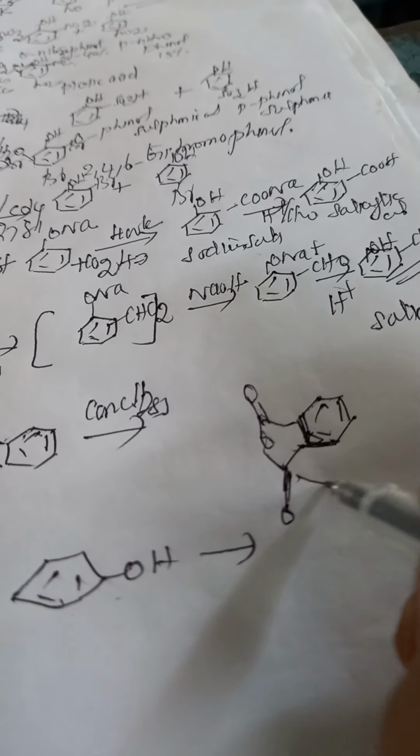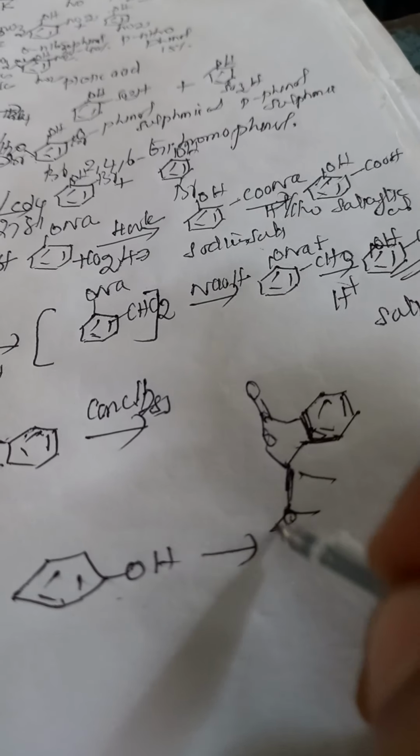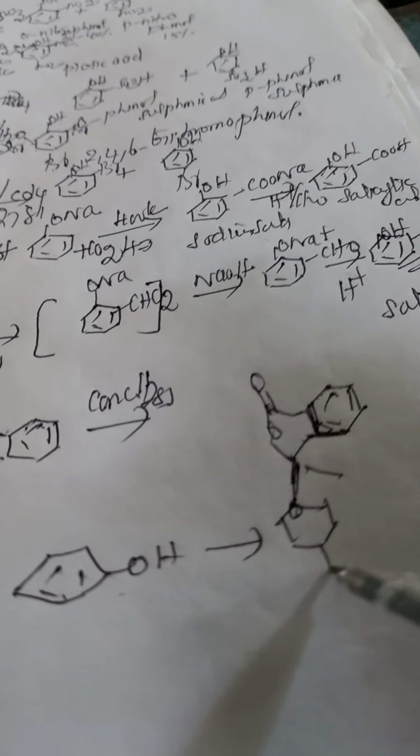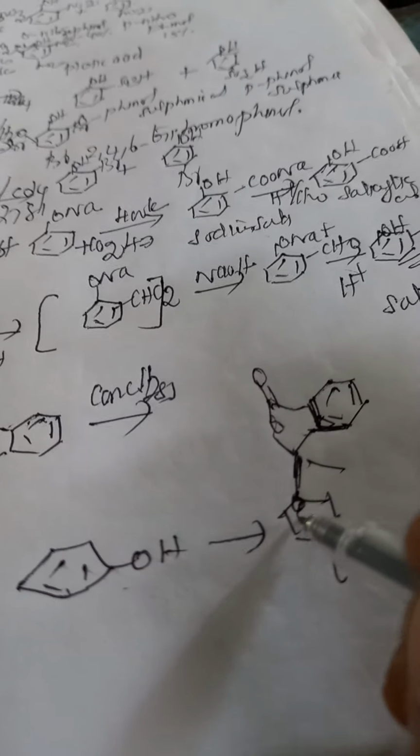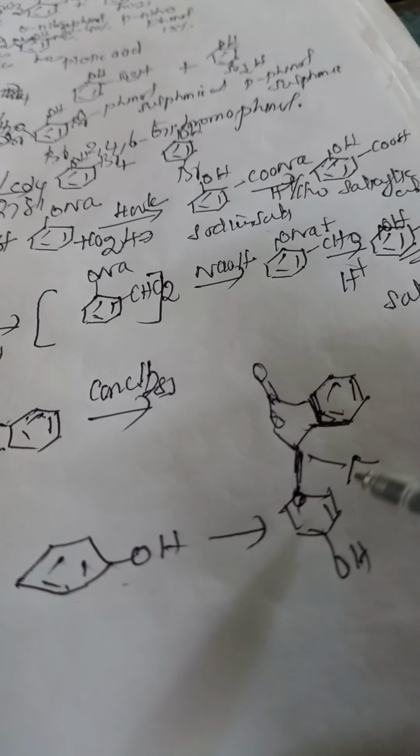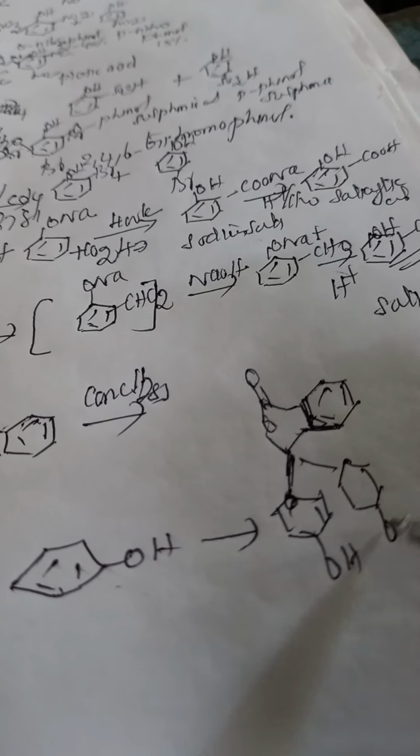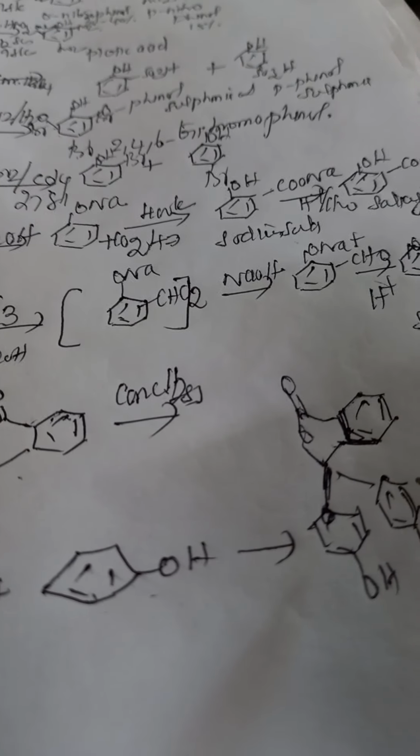Here the bond separates into two and we get a phenol like this. This is the indicator, phenolphthalein.